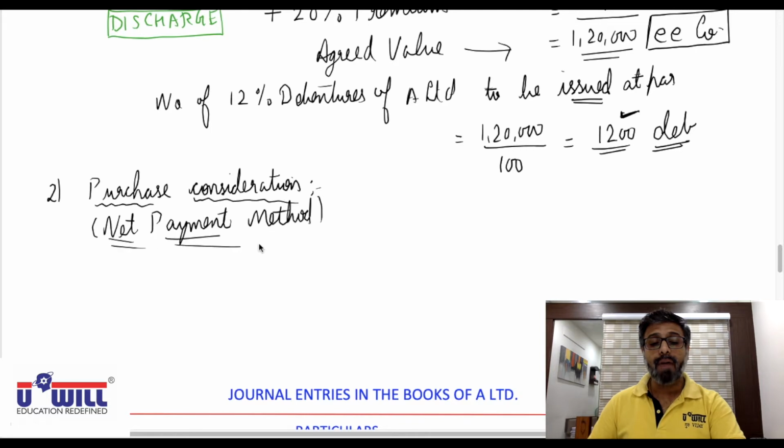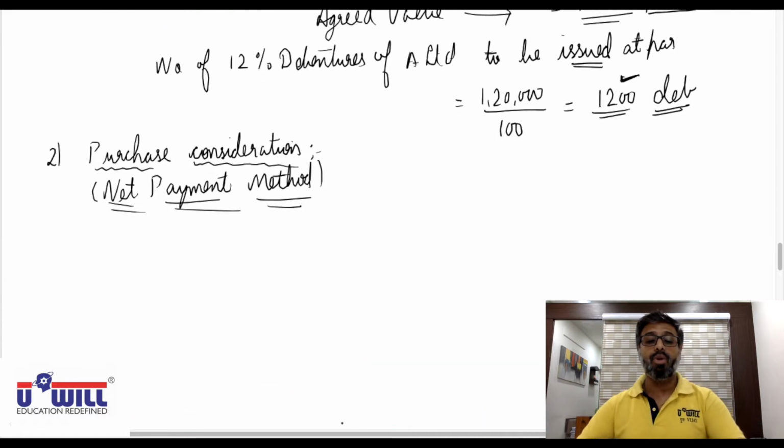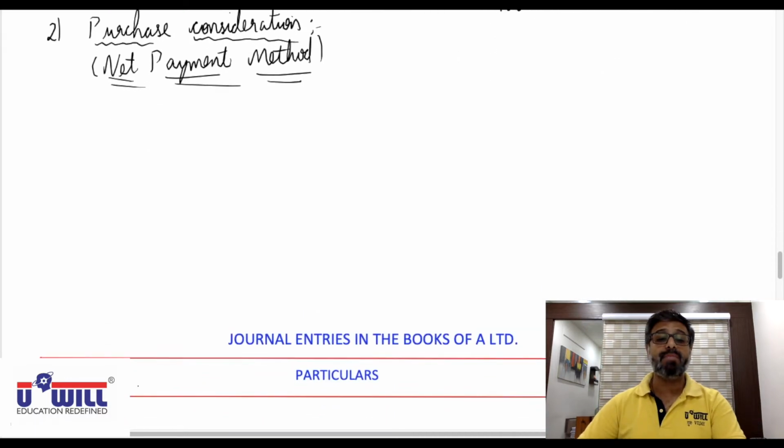Now, how will you find purchase consideration by net payment method? Modes of payment. Which are the various modes of payment? If you read adjustment 1, you will find the two modes of payment are equity shares and cash.